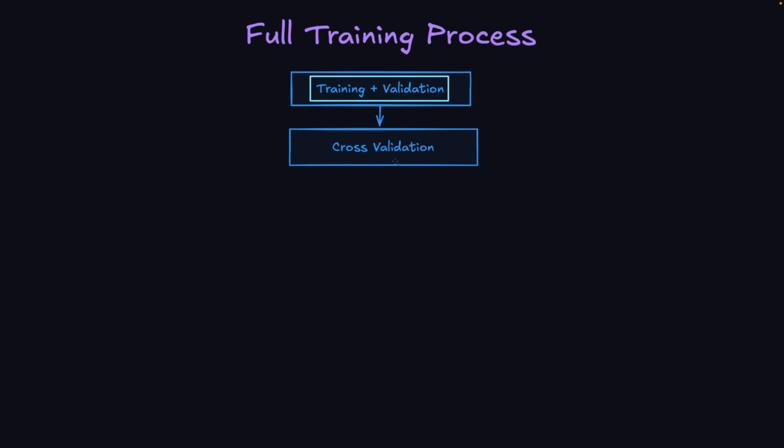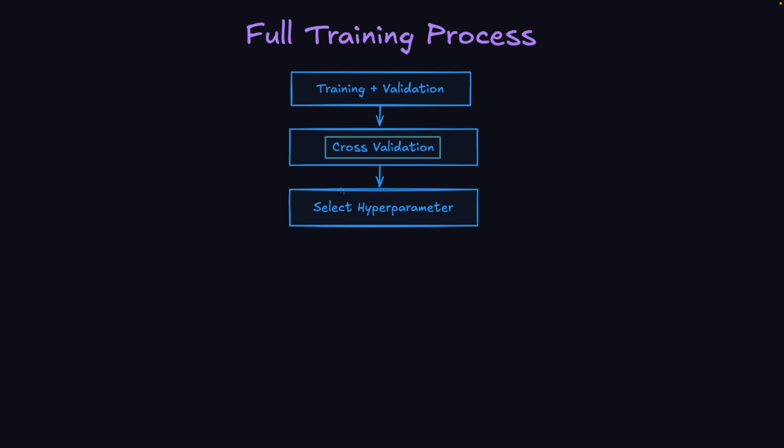Now let's look at the full model training process with the understanding that we have gained so far. So the first step is we need to get the training and validation data set. Once we have them, we will decide whether we want to do cross-validation or not. If you want to do cross-validation, we will do cross-validation and we find the hyperparameter. So the cross-validation is performed to select the hyperparameter.